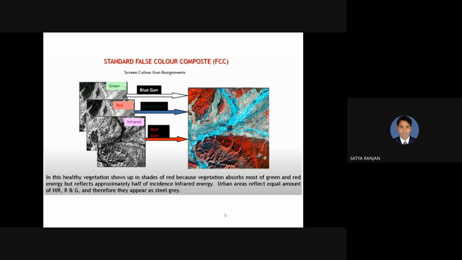That's why urban areas reflect an equal amount of near infrared, red and green, and therefore they appear as steel gray. Due to this we get the infrared images to get the vegetation areas. The red color given in these areas are all vegetation areas and forest areas. So it clearly distinguishes from other objects.